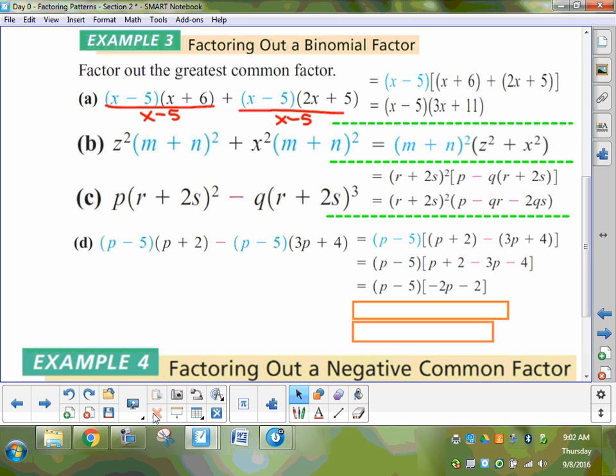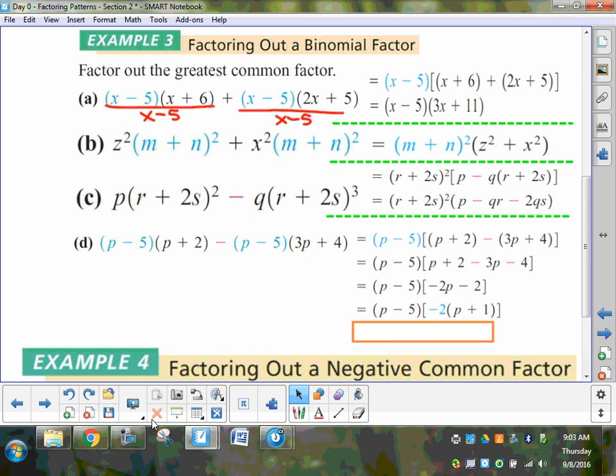Does anybody see what we can keep doing to go forward from here? I don't think it's that tough. Careful, not distribute. Just factor. See that -2 that's there? That's what you've got to see, and take out the -2.